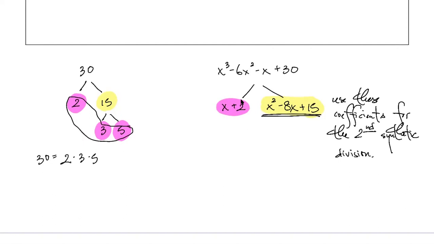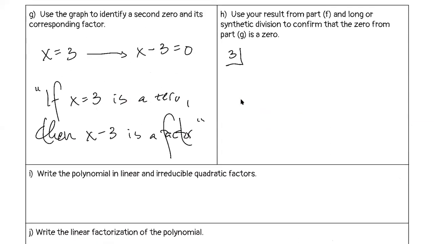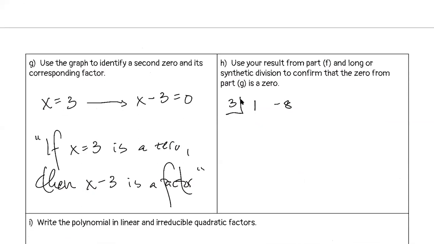So instead of using 1, -6, -1, and 30, we're going to use 1, -8, and 15. The reason we're using this one is because we don't want to do more work than we have to. And if we factor x squared minus 8x plus 15, then whatever we get here and here will be our factors. And then we'll have all of our factors, kind of like we had the 2, the 3, and the 5, okay? So I'm going to go back up here. We're going to use 1, -8, and 15.